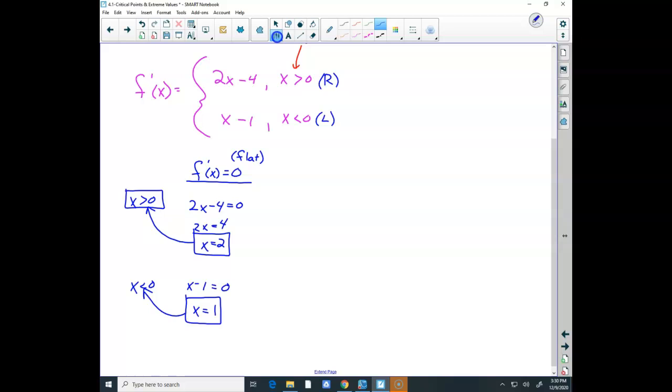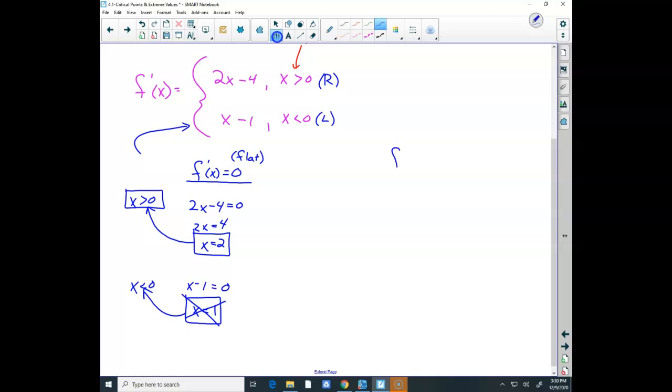And that's for all x less than 0. Positive 1 is not in that domain, so positive 1 will not be a critical value. And basically, graphically, what that means is when I'm looking at that bottom piece, I can't see the vertex anywhere in there. I'm not going to see the vertex of it. Okay?